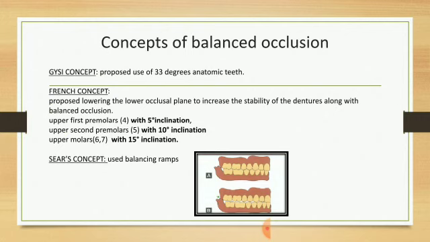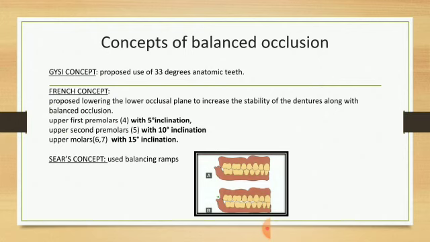Tooth 4 should be set with 5 degrees inclination, 5 with 10 degrees, and teeth number 6 and 7 with 15 degrees inclination. So remember, teeth number 4, 5, 6 and 7 with 5, 10 and 15 degrees inclination.